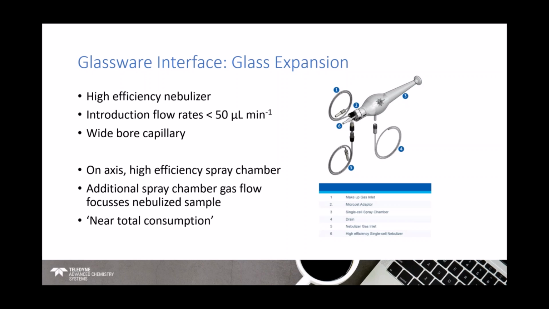So this is a high efficiency nebulizer set up for introduction flow rates at less than 50 microliters per minute, though you don't need to go as high as 50. The introduction flow rate is around about 10 to 20, that kind of window. The internal capillary of the nebulizer is quite a wide bore.